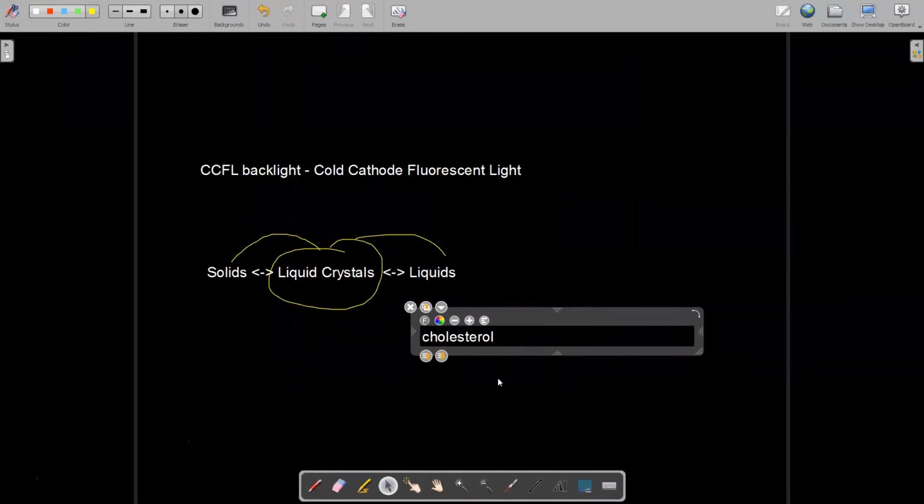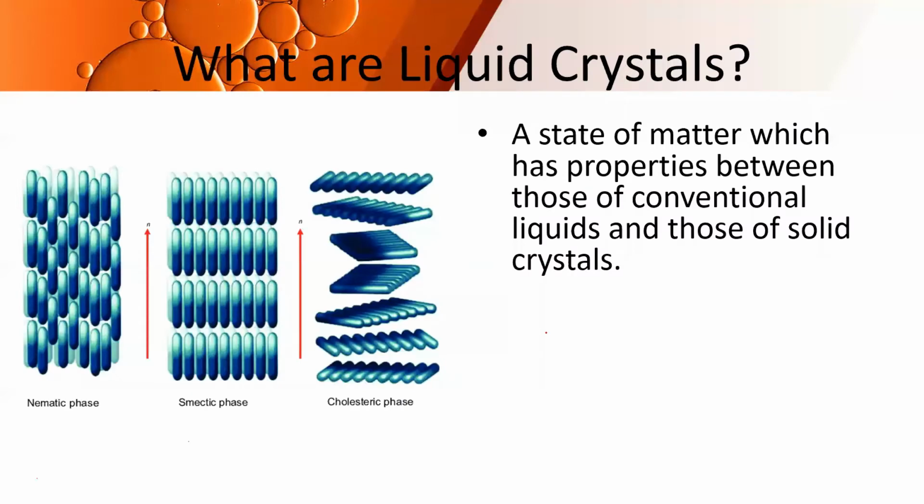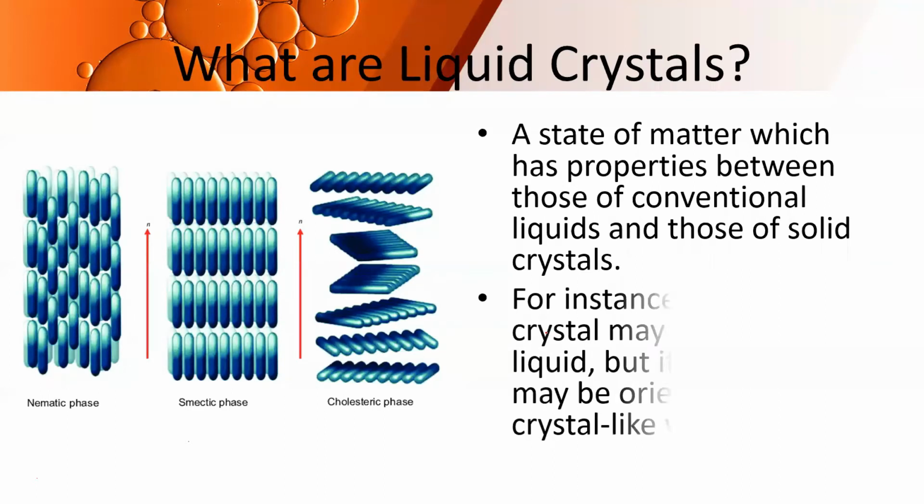You might have heard about people developing heart disease because of extra cholesterol being accumulated in the veins, in the arteries. So that cholesterol is something which can be considered as liquid crystal. Certain types of materials which exist between solids and liquids are used as liquid crystals.